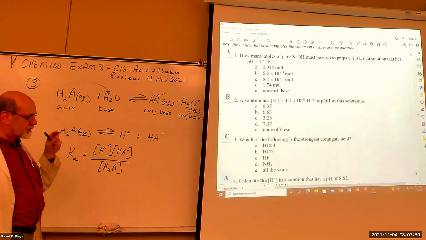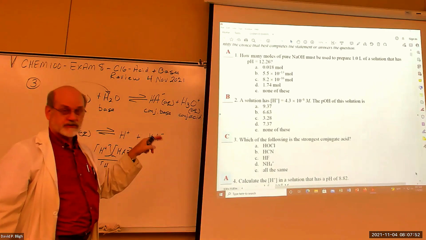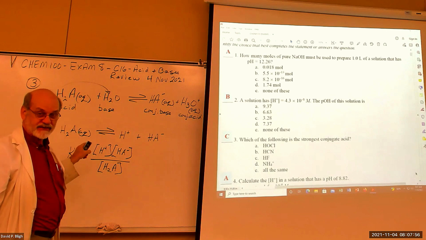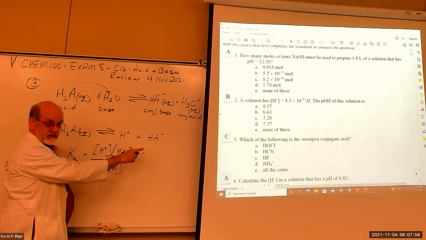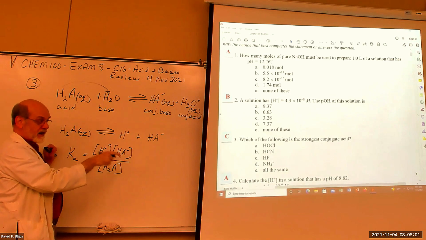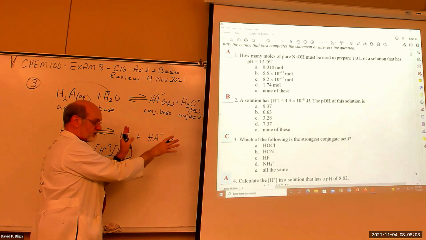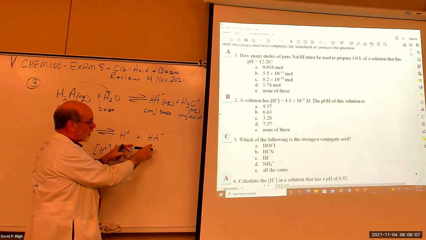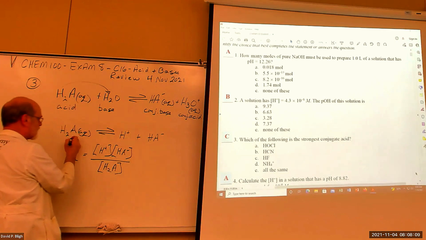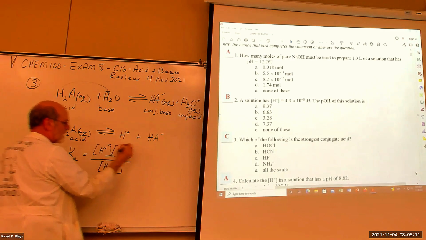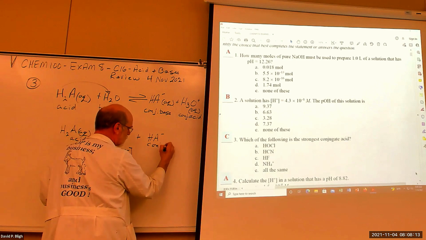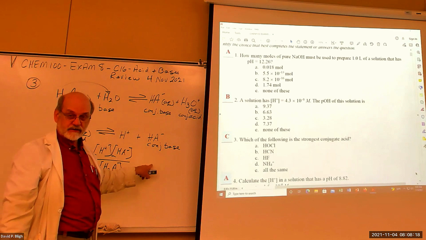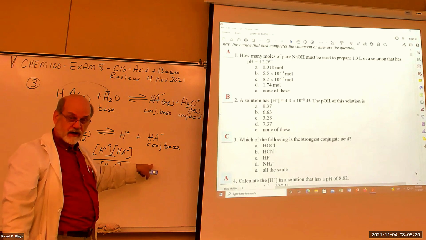Then the other concept that we need before we can answer number 3 is that if you have a strong acid, it produces lots of these. And it wants to be over here. If that's the case, then what about the conjugate base? If this is the acid, and this is the conjugate base, what about the strength of the conjugate base? Does it want protons?